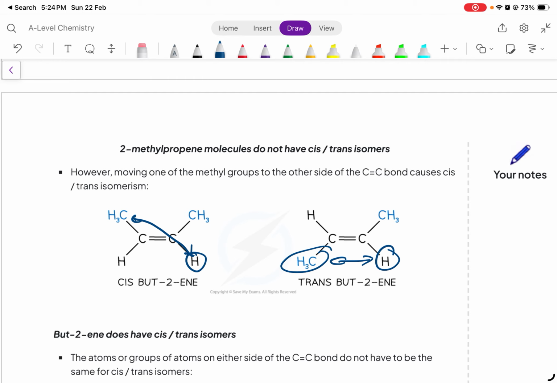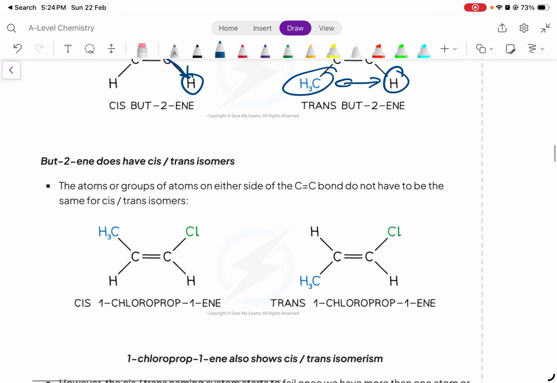In fact, at this point there will be a breakdown, in terms of butene-2, let's look at this case. However, we see here that the C and C bond does not have to be the same for cis and trans, right? However, it does have a cis and trans. So they do not have to be the same, what it means is that it does not have to be like this and this, must be the same as CH3.